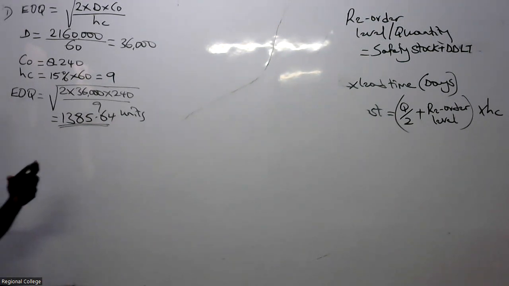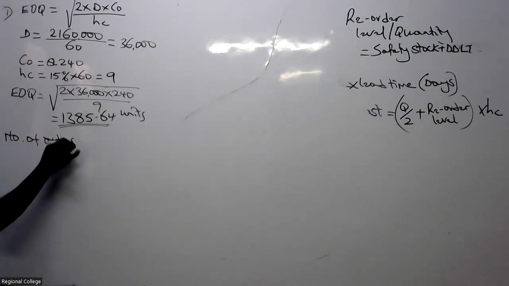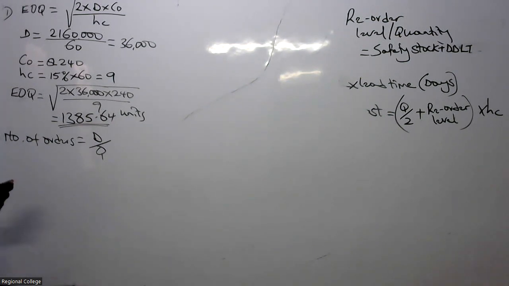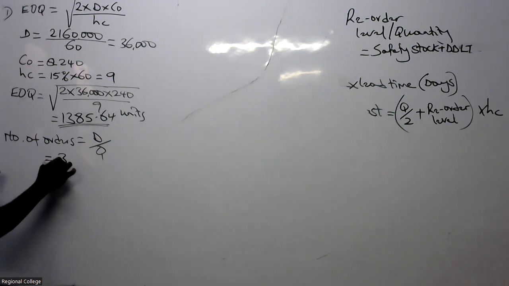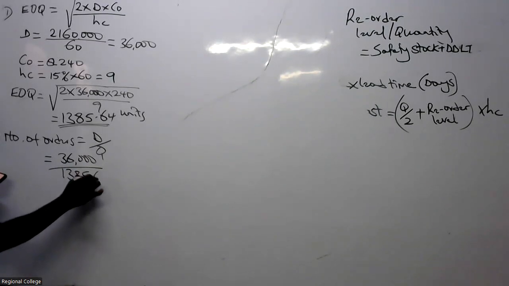The optimal number of orders to be placed. How do you get the number of orders? D over Q. So our D is how many units? That's 36,000, and Q we have found is 1,385.64.